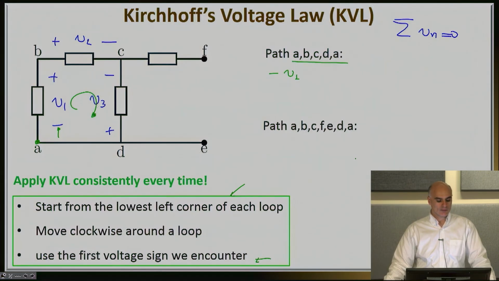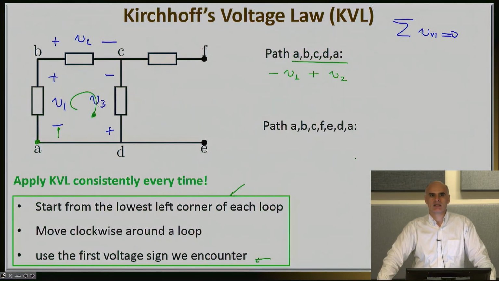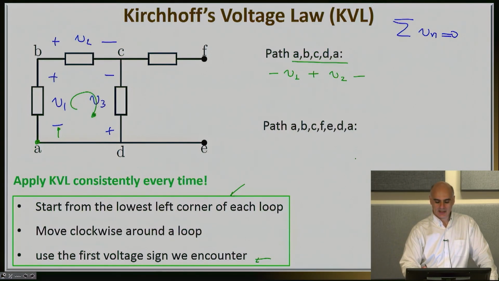So now moving on from B to C, I encounter V2, and V2 I encountered with the plus sign, so I will write this as plus V2. Finally, I'm going from C to D, and the first sign I encounter is negative, so it will be negative V3.